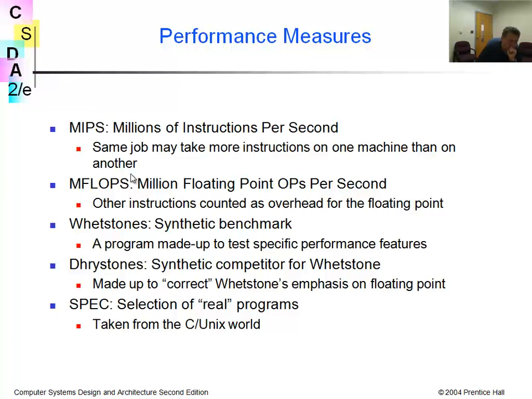That means if I want to perform an add instruction, how many instructions is it going to take me to perform that simple one-line instruction in the C language? Another measure is MFLOPS, or million floating point operations per second.